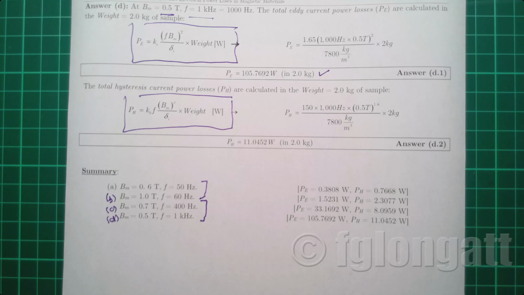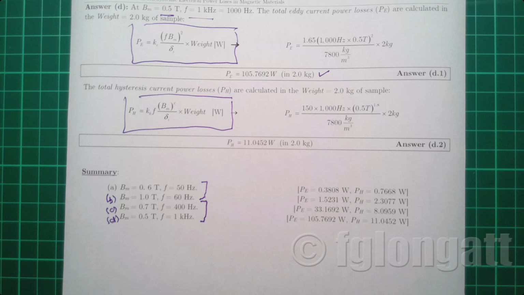So in this example, the idea of having 4 different cases, A, B, C, and D, is that basically we want to show you how important are the eddy current losses and the hysteresis losses. And depending on the frequency that we are using, and depending on the magnetic flux density that we are using, one of them can be higher than the other.